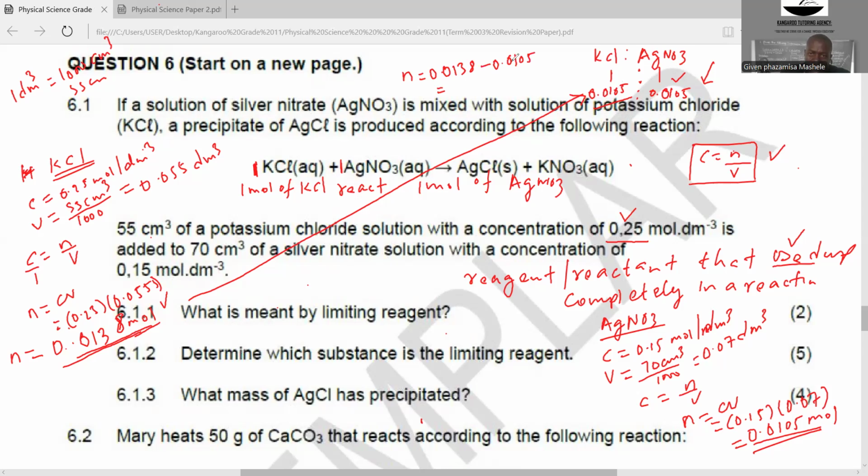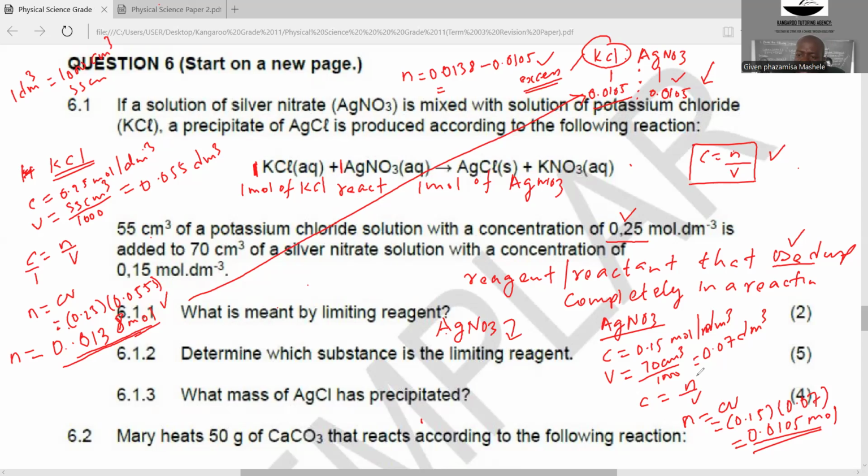So 0.0138 minus 0.0105 gives an excess number of moles of about 0.0033. So what does this mean? It means potassium chloride will be in excess. It means it will not react completely. So what does it mean? It means silver nitrate is the limiting reactant.